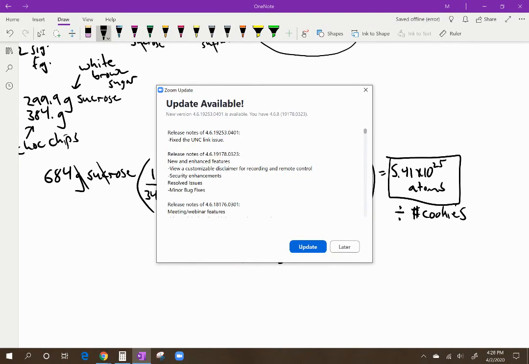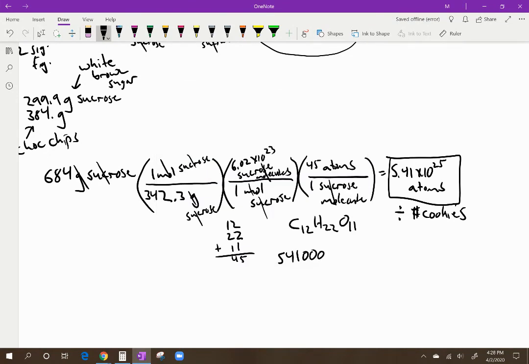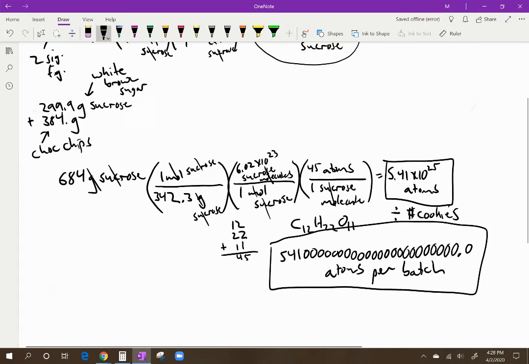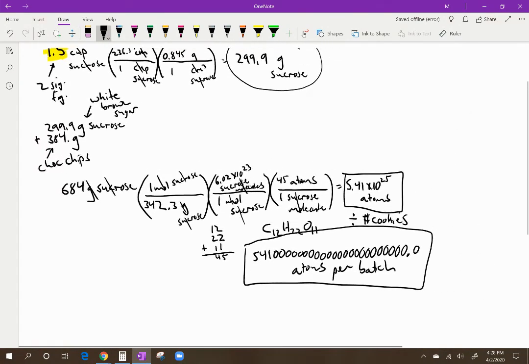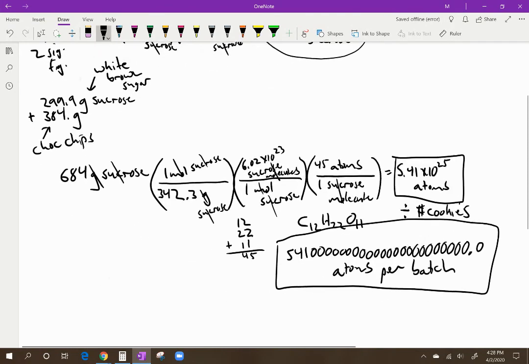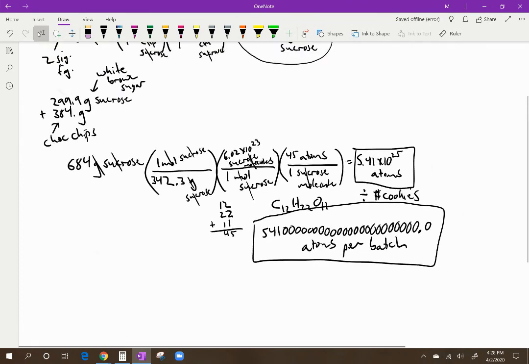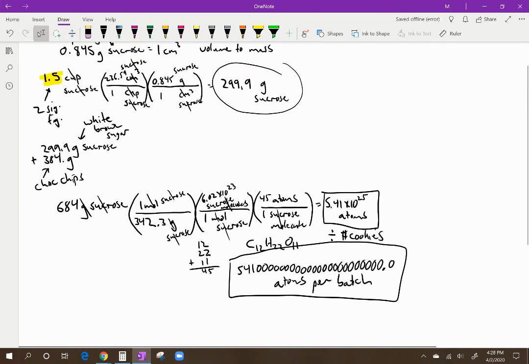So 25 places that we move the decimal. So that's atoms per batch, right? But you divide by number of cookies and you see how many atoms approximately are in each cookie that you might eat. And so that's kind of fun. You can give a cookie to your mom or dad and tell them how many atoms came from the sugar that they just ate. And that is stoichiometry.